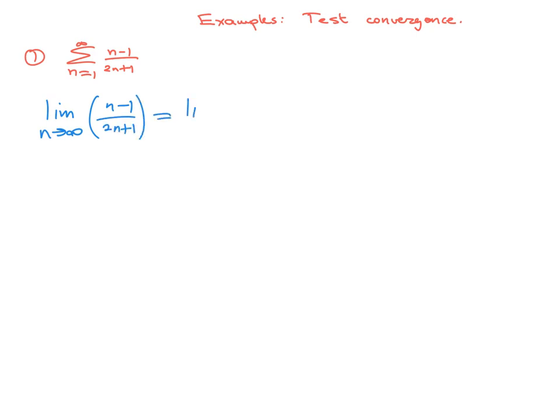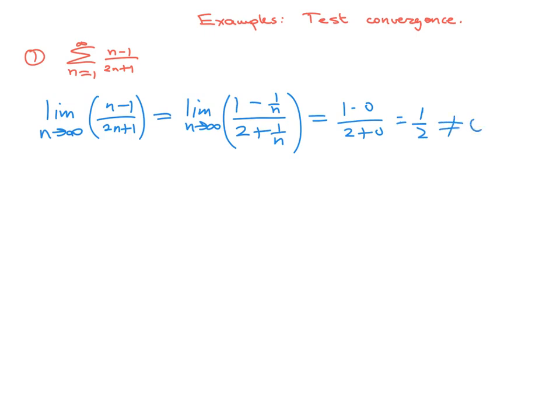And of course, the way to do that limit is to multiply by 1 over n. That's our limit trick that we learned. So it becomes 1 minus 1 over n over 2 plus 1 over n when I distribute 1 over n into the numerator and the denominator. And of course, as n goes to infinity, this turns to 0, this turns to 0. So it's 1 minus 0 over 2 plus 0, which is 1/2, which is not equal to 0.